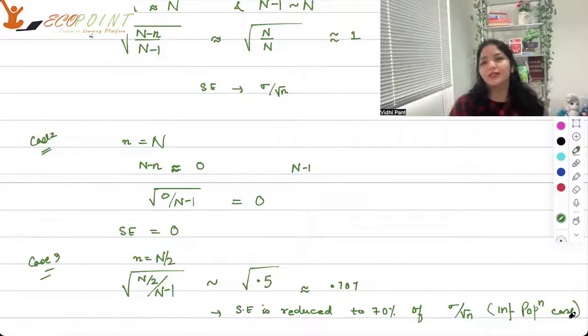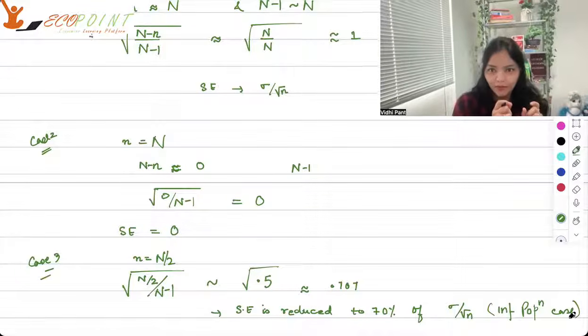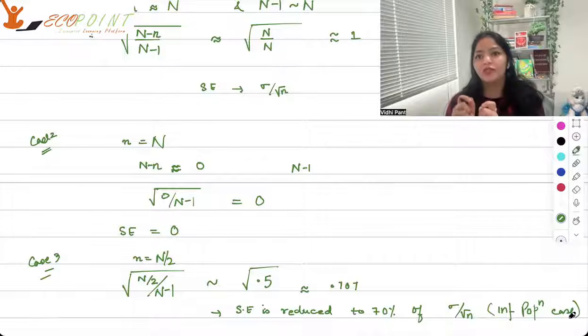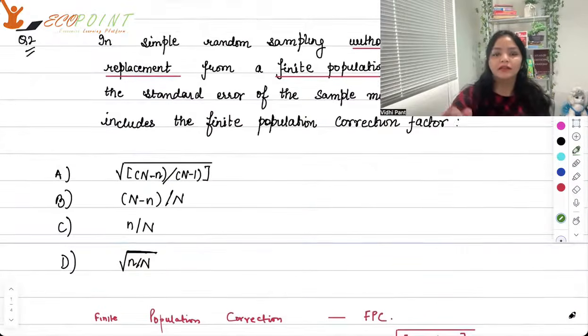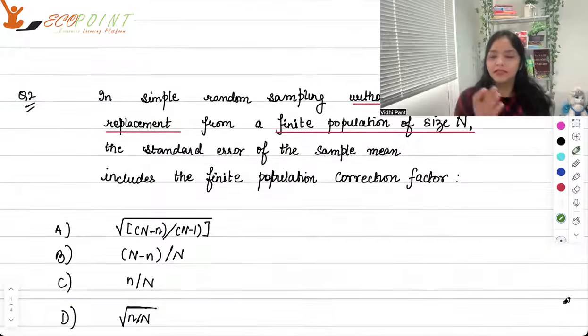So this is what is essentially your finite population correction. And hence, if this kind of a question comes into play, do not forget this. Option A, when it comes to this question that I have provided to you, option A is the correct option.